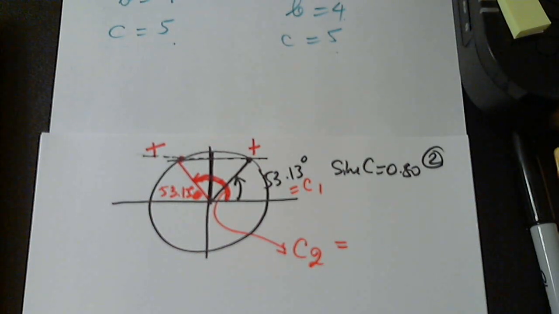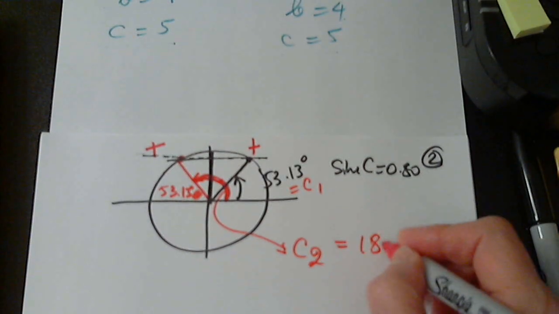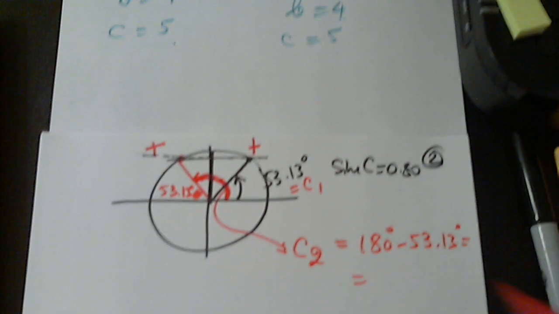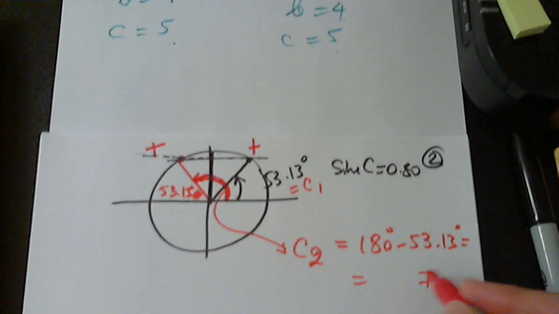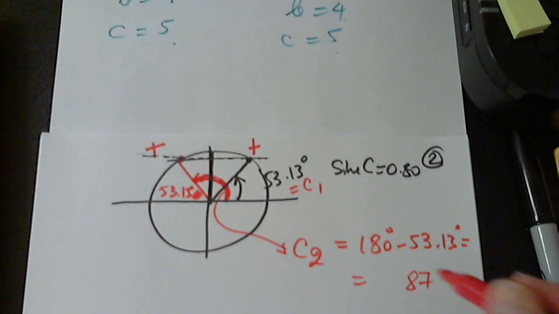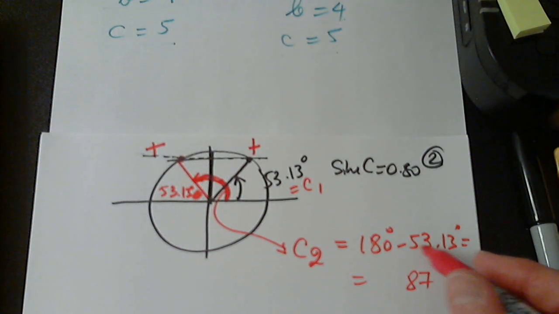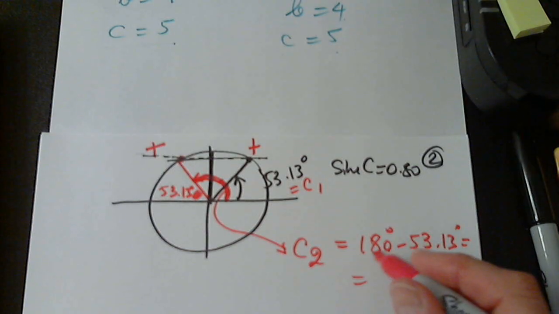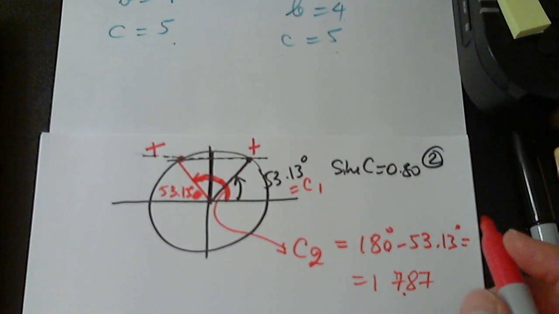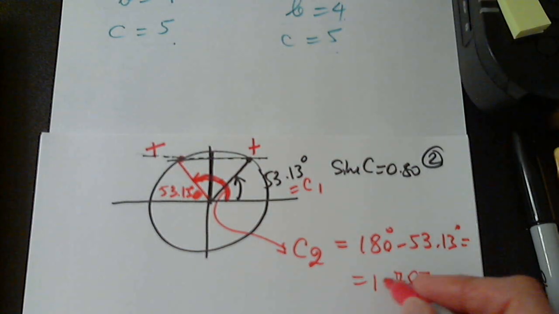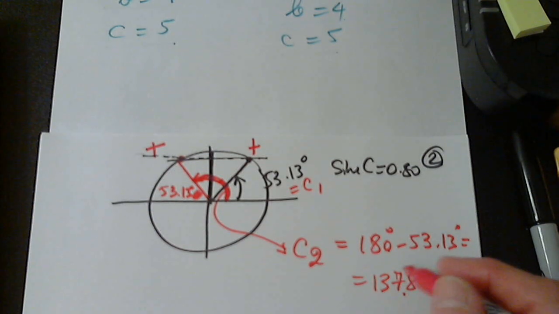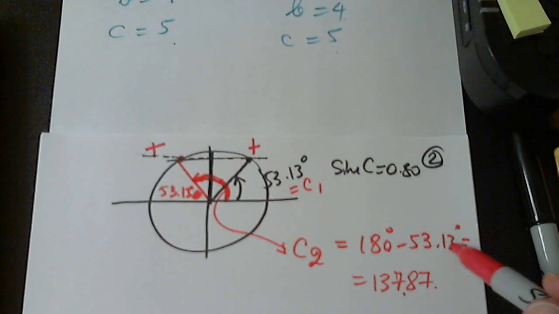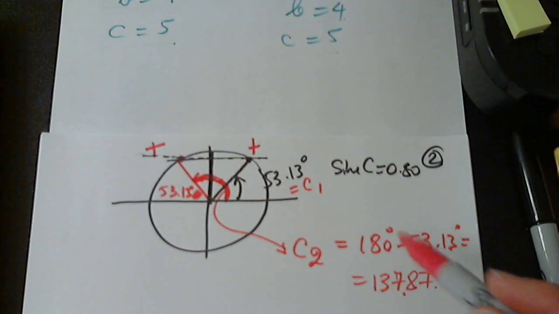So what do we get? It's 180 degrees minus 53.13. So what is it? It's 137.87?